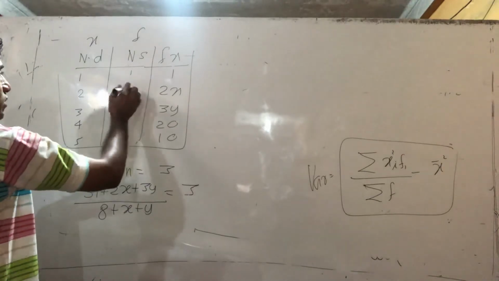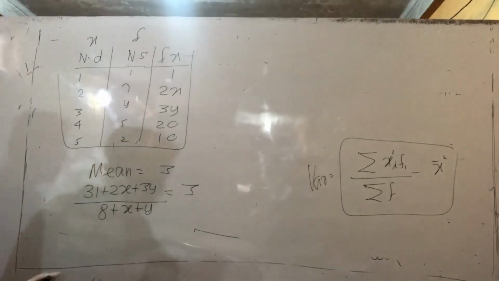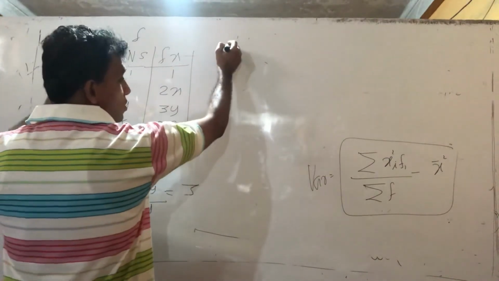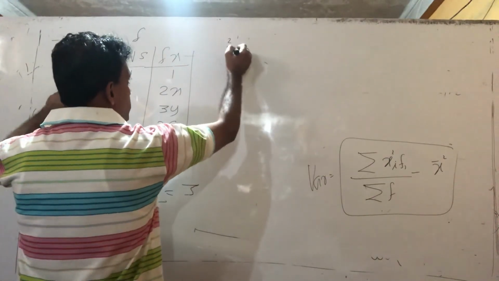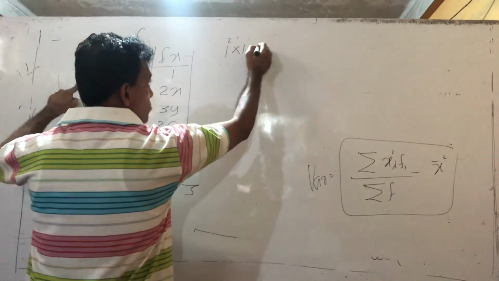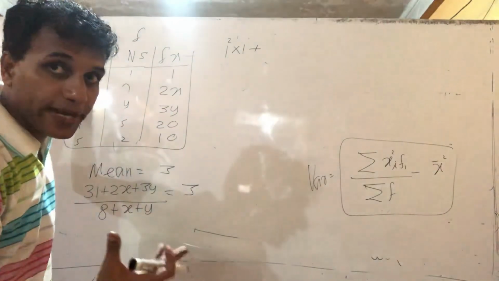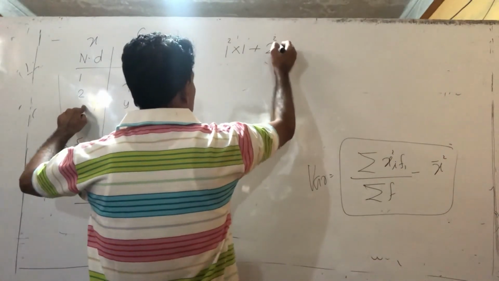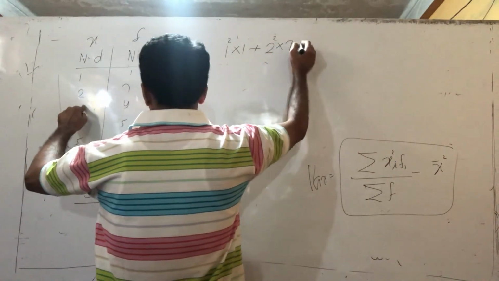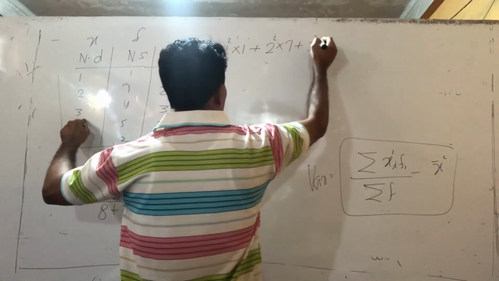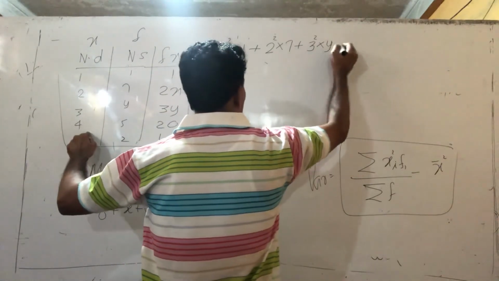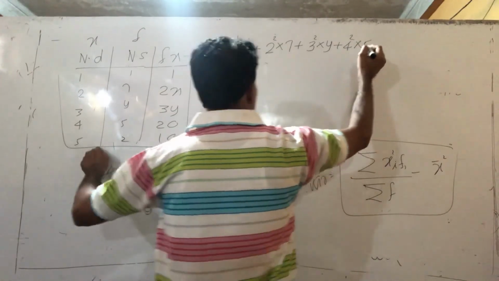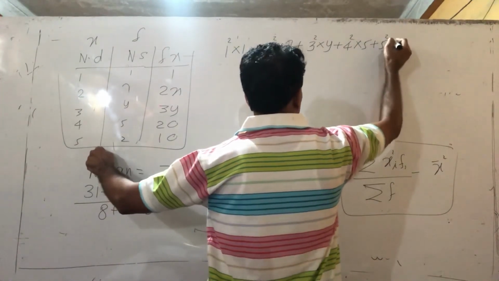So the variance is 1 square into 1, plus 2 square into 7, plus 3 square into y, plus 4 square into 5, plus 5 square into 2, all added together.